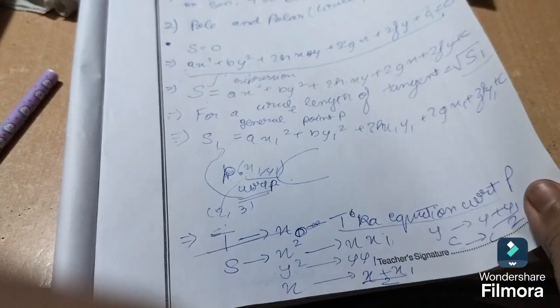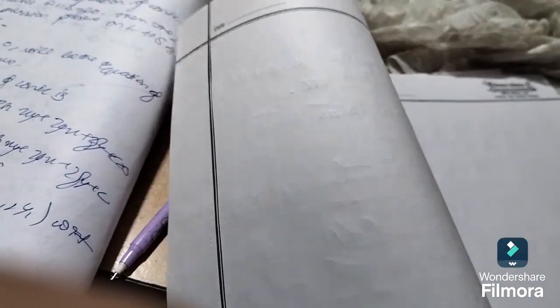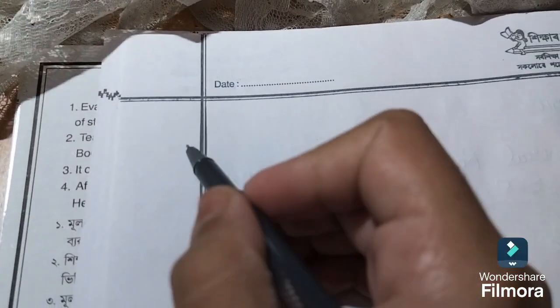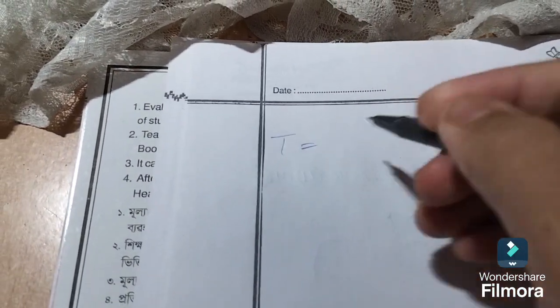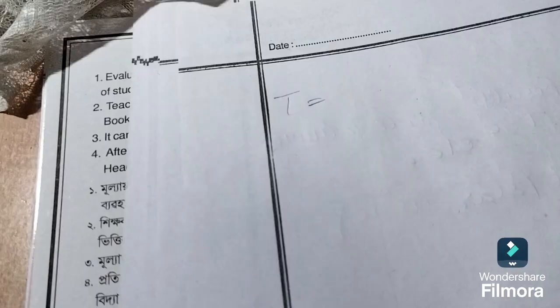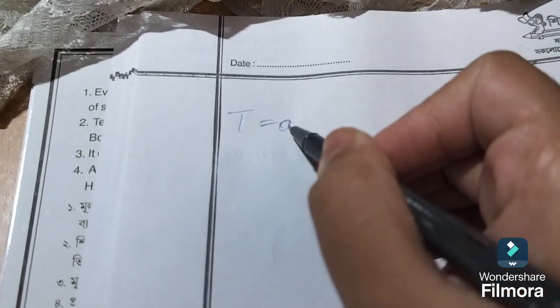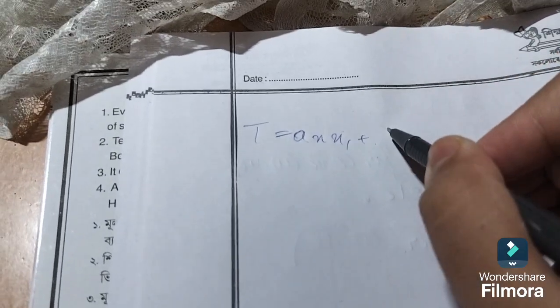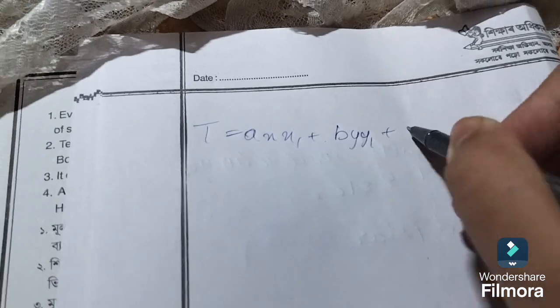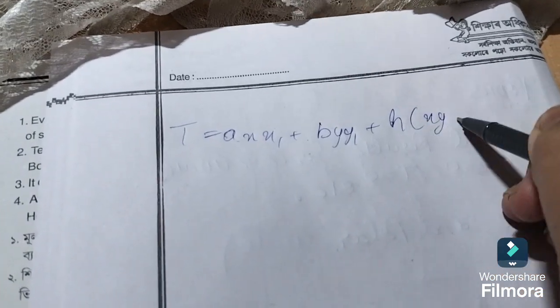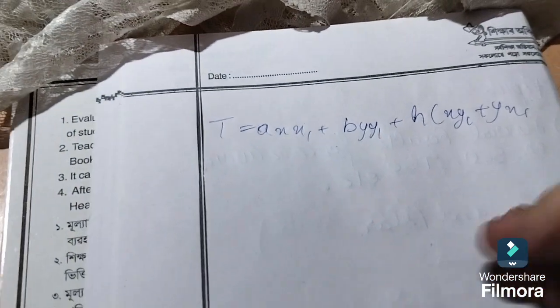So now how can we say this? What is the use of it? Now I have defined S and T. So basically let me first write what is T. So T is basically equal to axx1 plus byy1 plus h times (xy1 plus x1y), oh sorry, I have not written it.